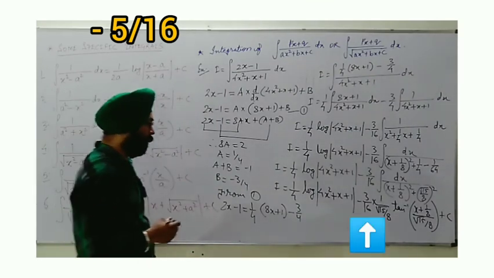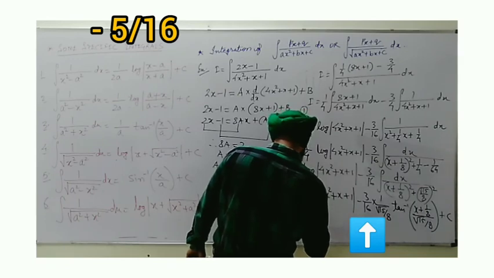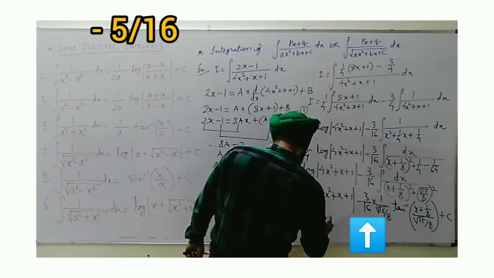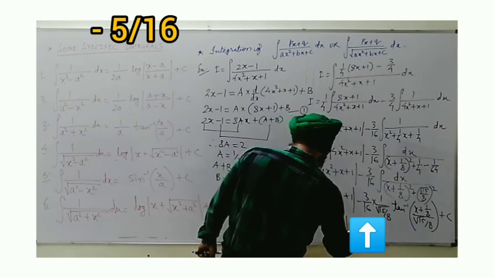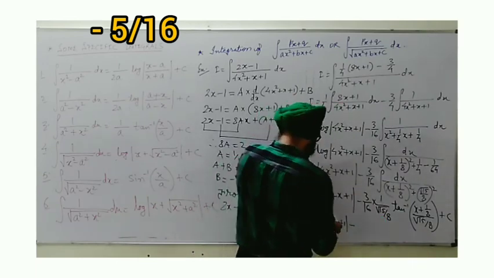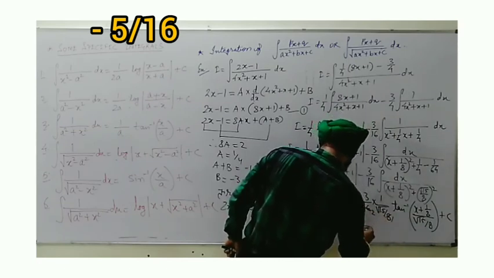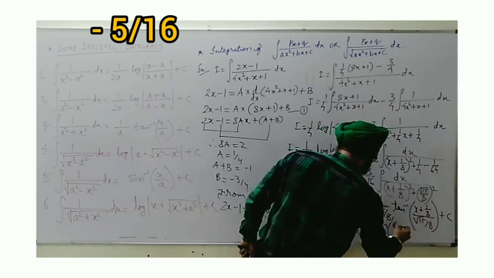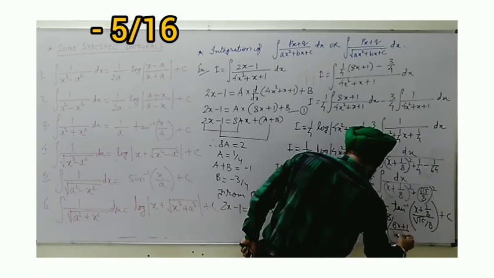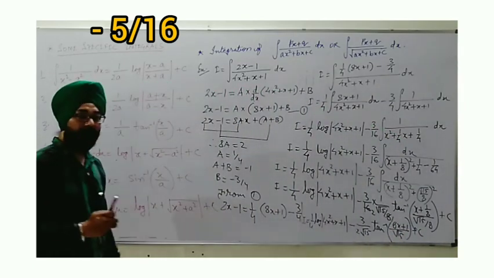The only thing we need is to simplify this second part. You can write 1 by 4 log of 4x square plus x plus 1. Here 8 to 16 cancel out. We get 3 upon 2 root 15 tan inverse of 8x plus 1 upon root 15, plus c. This is the final answer.